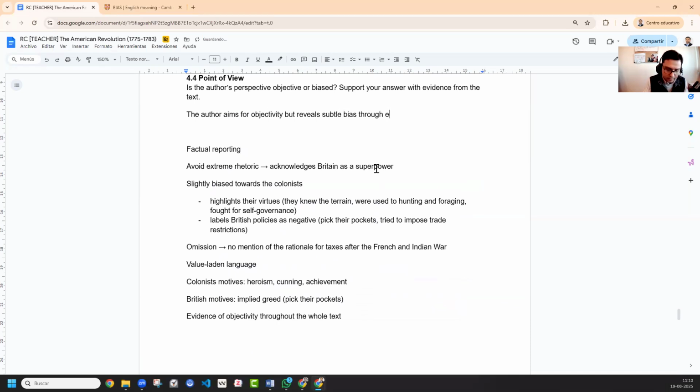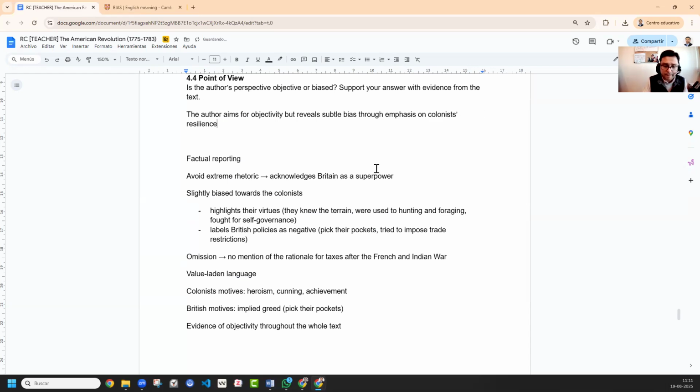The author aims for objectivity, but reveals subtle bias through emphasis on colonists' resilience and negative framing of British policies.